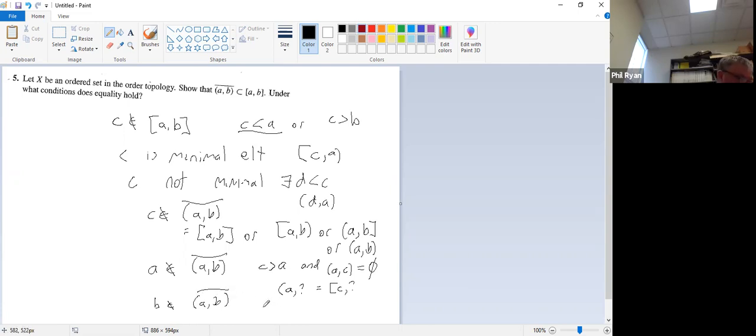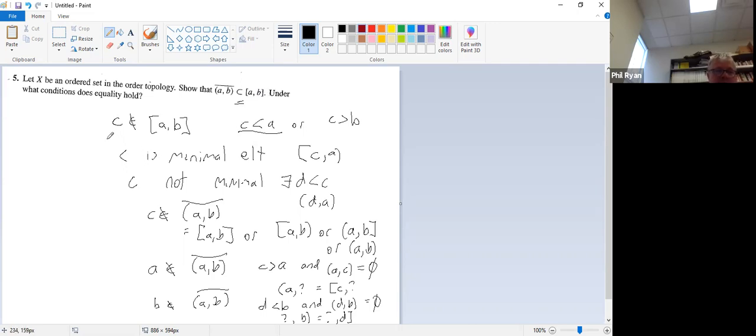That's going to be in the case when there's a D less than B and that interval DB is empty, because in that case you can replace B by a closed interval at D. So equality is true if and only if A has no immediate successor and B has no immediate predecessor in the order.